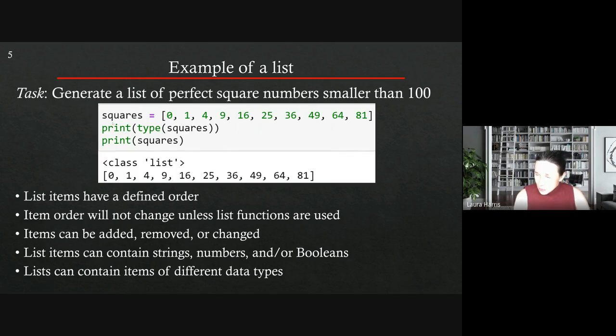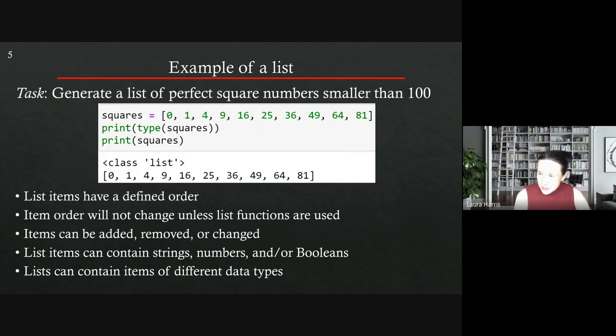So for example, we take the variable squares and we set it equal to a list that is defined within square brackets. As you can see, if you run this code, you can print the type of the variable squares and see that it is indeed a list. And if you print the variable squares itself, you get the list that you typed in to begin with.